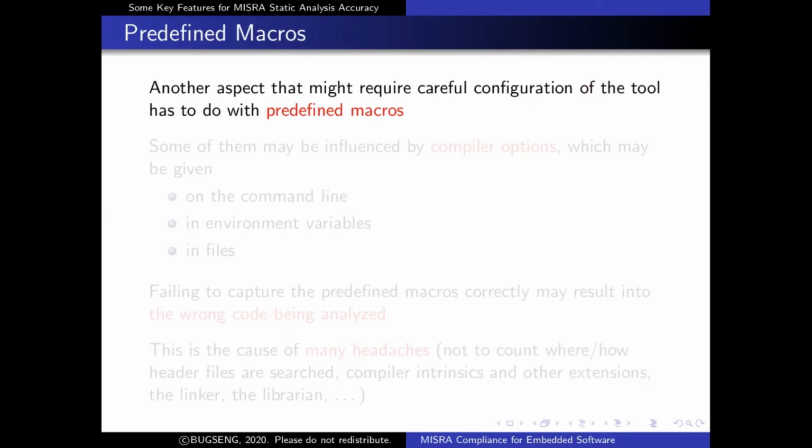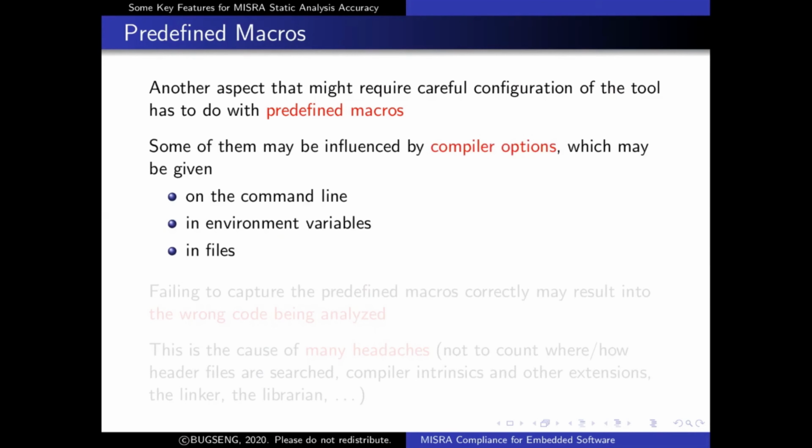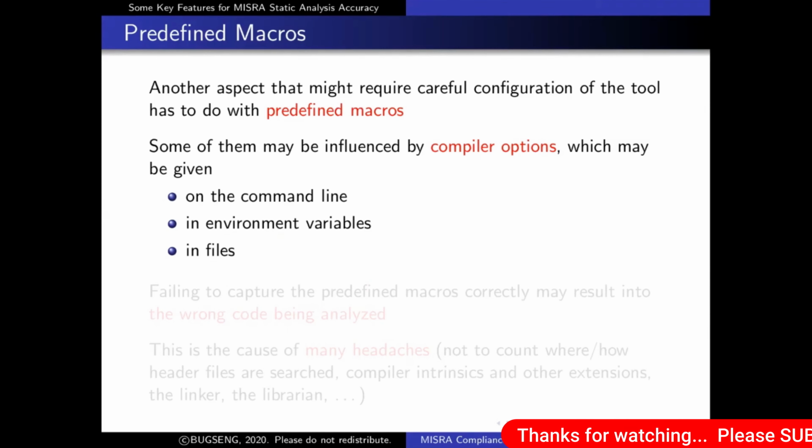One of the implementation-defined aspects has to do with predefined macros. All compilers predefine a certain set of macros to a certain set of expansions, and many of these predefined macros are influenced by compiler options, which may be given on the command line, in environment variables, or in configuration files.